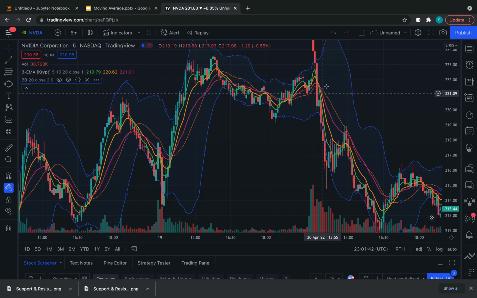Over here again, you can see the downward trend is starting, as the bands are getting wider. I'll enter a sell position when the green line is below the red line and yellow line, and I'll exit somewhere over here when the green line is above the red line and the yellow line.